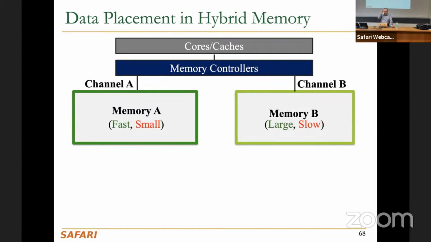Okay, great. So let's think about data placement in hybrid memory at a slightly higher abstraction. You have cores, caches, and memory controllers, and several channels. One channel can be memory A, which is fast and small, and another channel can be memory B, which is large and slow. The idea is that you want to allocate your pages to these different memories. At some point you migrate page 2 to channel A because you want faster access.